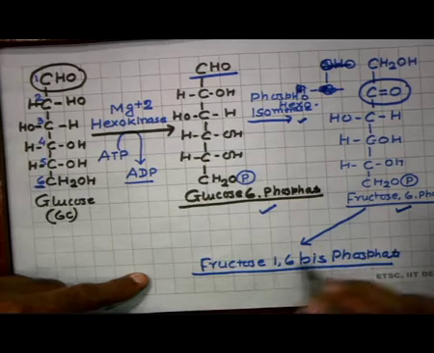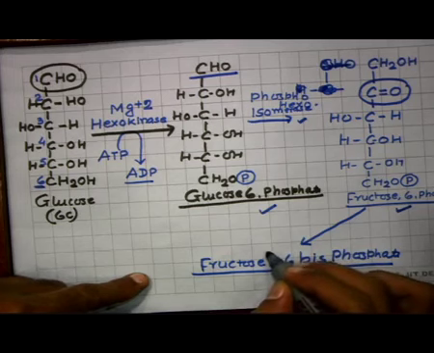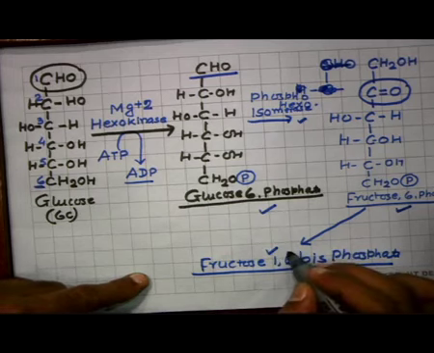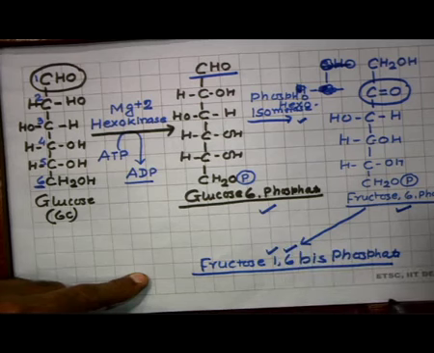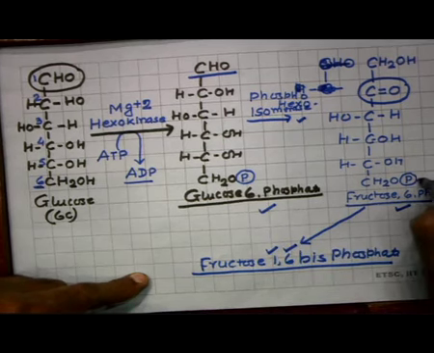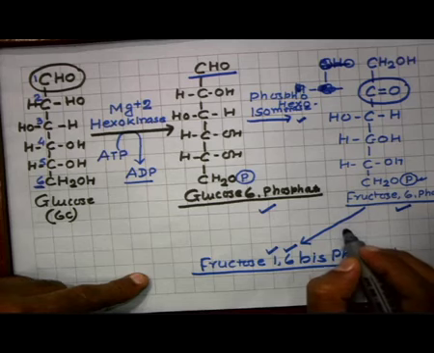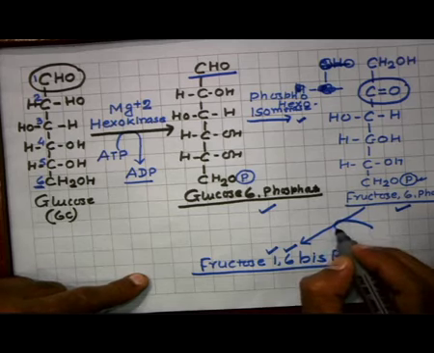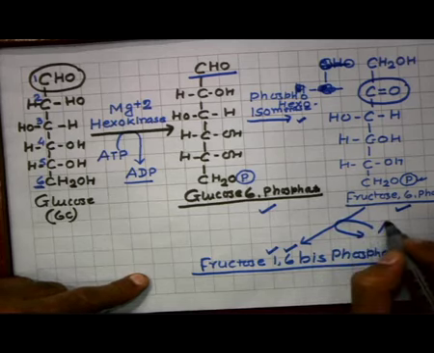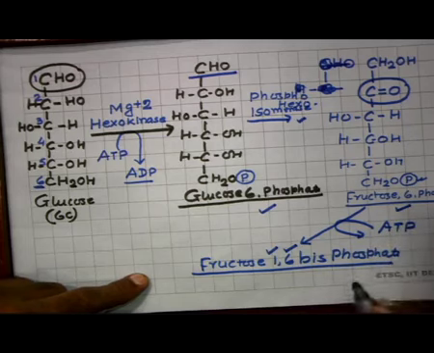As one phosphate molecule is present at carbon 1 and another at carbon 6 has already been present, it requires ATP. Here one ATP is also consumed and ATP is converted into ADP.